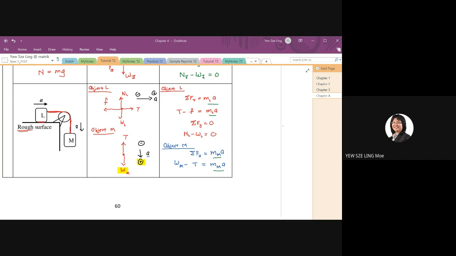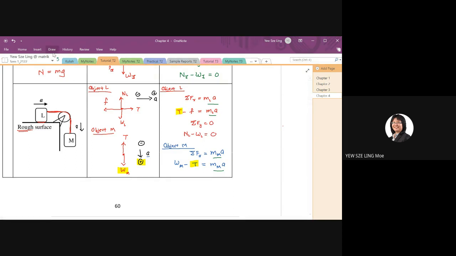So this is how you solve these questions. So again, I give you 1 minute to write it down. So again, these two equations can then be joined by using T because they have the same T. Right? So untuk soalan yang ada dua objek, biasanya mesti ada sesuatu yang boleh join mereka together. You just have to identify which variable.